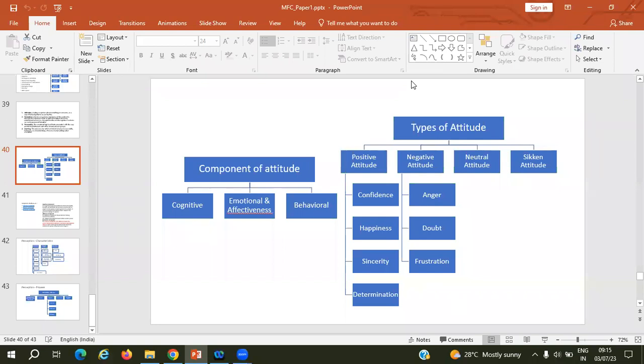Whether they are confident or not confident, the person is having both attitudes or doesn't care about anything. It's called neutral attitude. So they are neither positive nor negative.